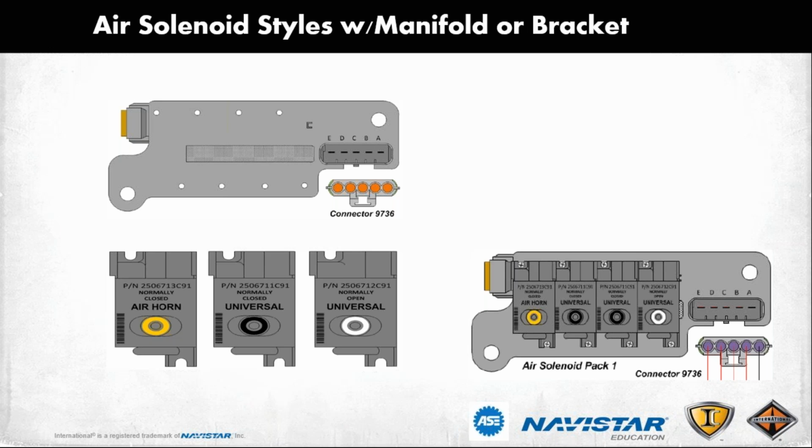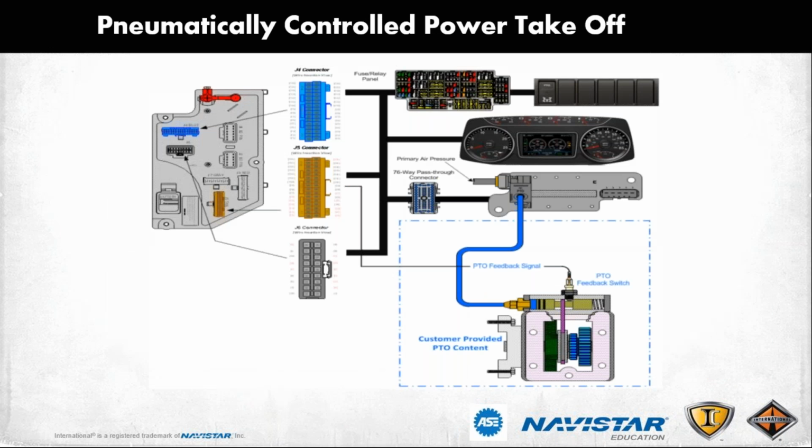Then we have rules for disengagement to prevent overspeeds. So we can have it disengage the PTO at 45 miles an hour, or say 1800 RPM, or things like that. We can have it disengage for safety reasons. Then they have rules for re-engagement. Once it's been disengaged, do you want to allow it to re-engage when it comes back down into the engagement rules?